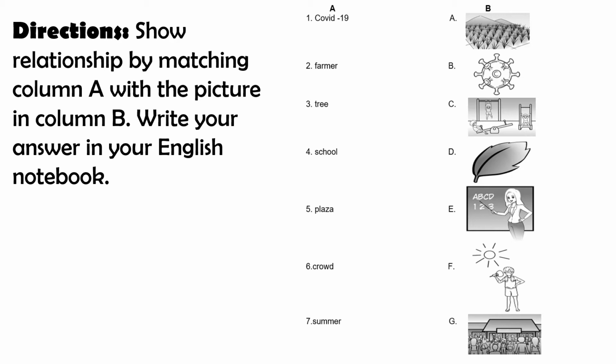Number 3, tree. Number 4, school. Number 5, plaza. Number 6, crowd. Number 7, last number, summer.